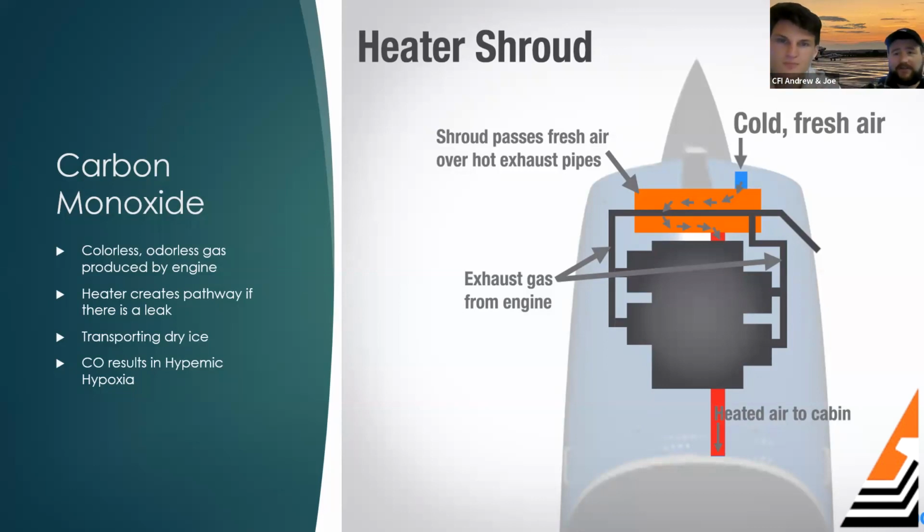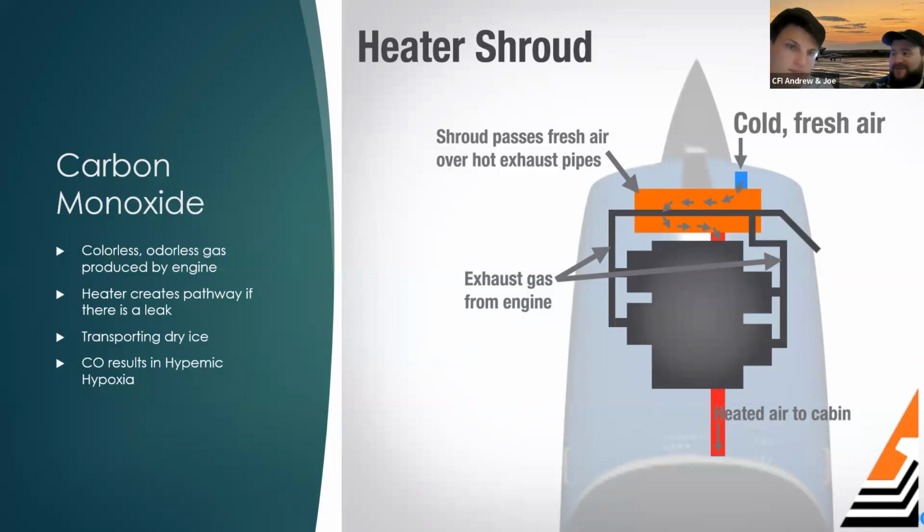As cold air enters the aircraft, it goes through this heater shroud that travels over the mufflers, heats up, and gets vented into the cabin. So if there's a leak in there, that's where you might experience carbon monoxide poisoning. And that results in hypemic hypoxia.